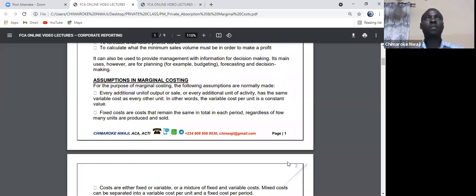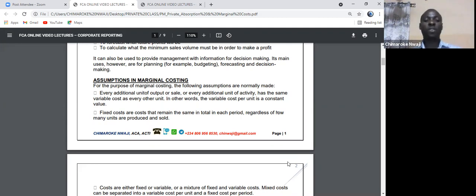So if you want to buy 10 pieces of egg, you're prepared to spend 1,000 naira. If you want to buy 100 pieces of egg, you're prepared to spend 10,000 naira. And so it varies according to level of production or level of sale. So you see, variable cost derives its name from the totality of value. It varies when there is a varying level of activity.